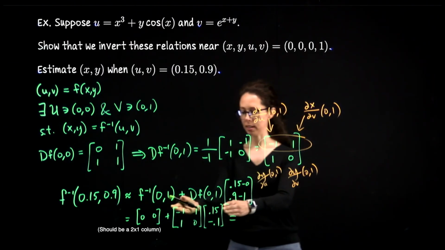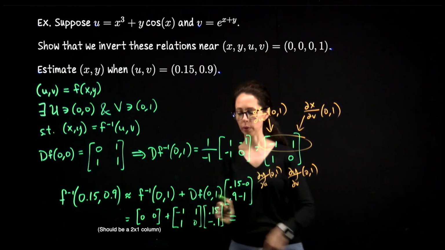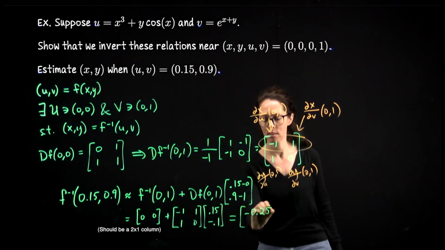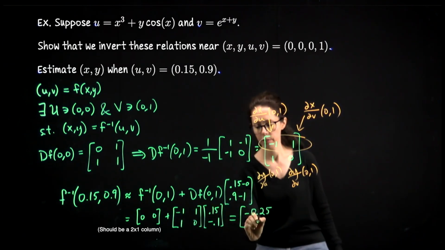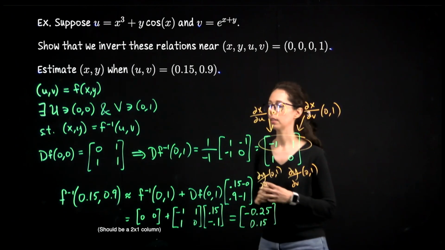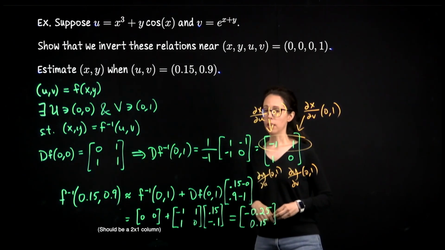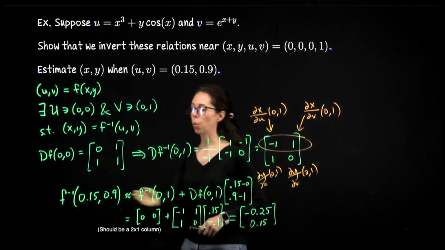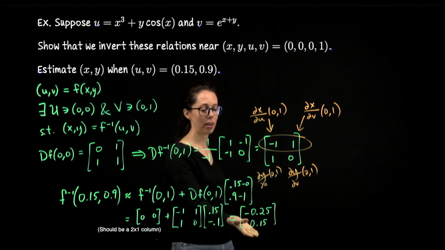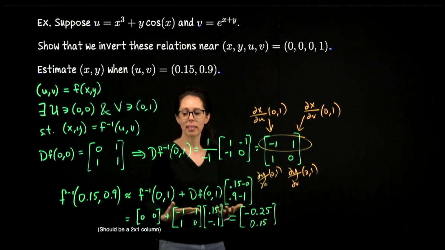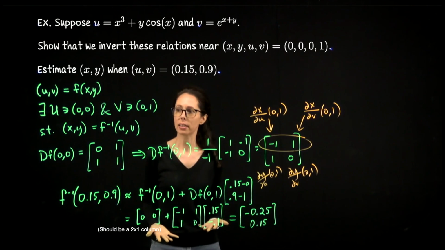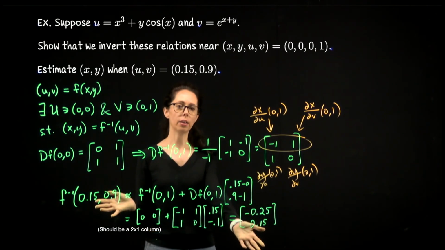So let's see. Negative 0.15 minus 0.1 is negative 0.25. You can check me on this. And then 0.15. Okay, so when u and v are 0.15, 0.9, x and y are approximately negative 0.25, 0.15. That's all assuming that this computation is happening within these neighborhoods. So I'm making a guess here that u and v are large enough to include these values.